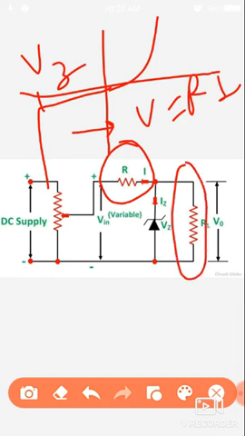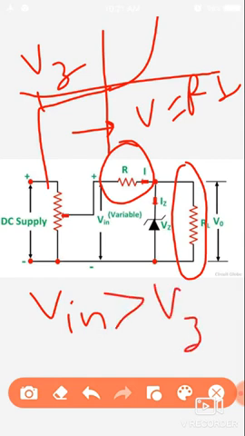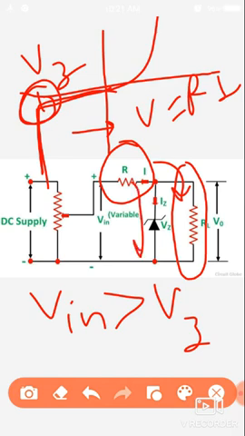For example, if the input voltage Vin is greater than Vz, in this condition the Zener diode comes into breakdown, and it suddenly starts conducting a huge amount of current, so instead of the load resistance, the current passes through the Zener diode.